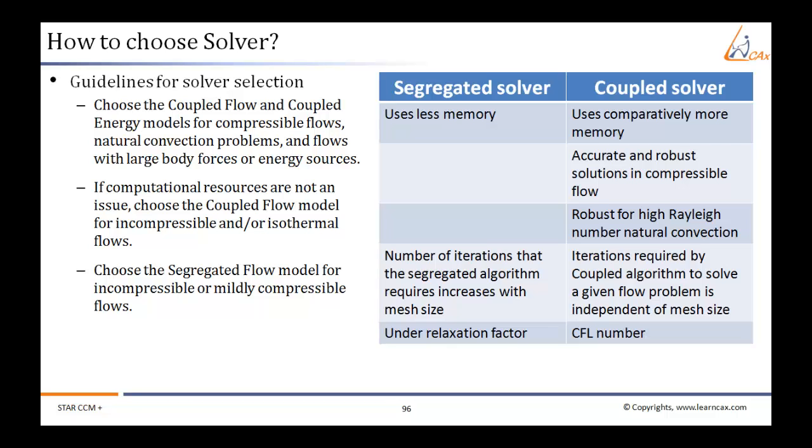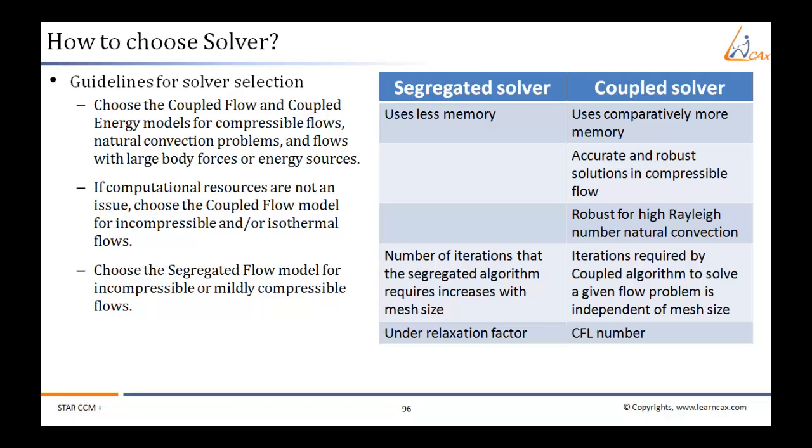To decide whether to go for segregated or coupled solver is dependent on various aspects. Let us discuss them here. The segregated algorithm uses less memory than the coupled. The coupled algorithm yields more robust and accurate solutions in compressible flow, particularly in the presence of shocks.